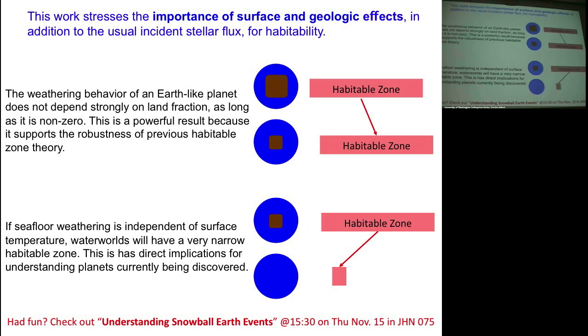However, if what we think we know about seafloor weathering and continental weathering is correct, we can show with a simple mathematical model that a water world is going to have no weathering feedback and a very narrow habitable zone. So those are the take-home messages.